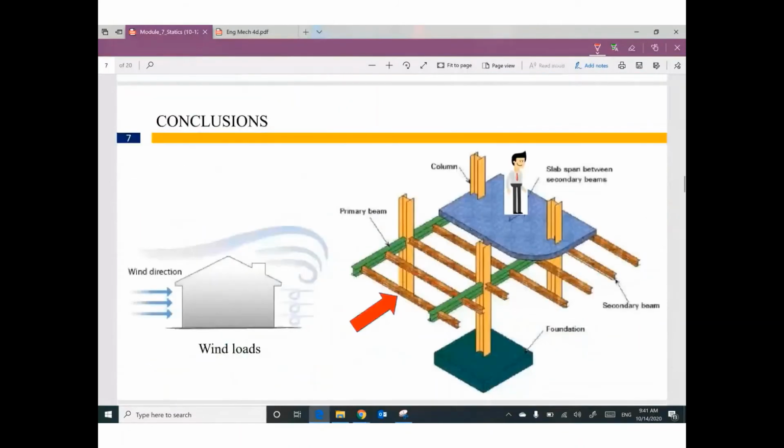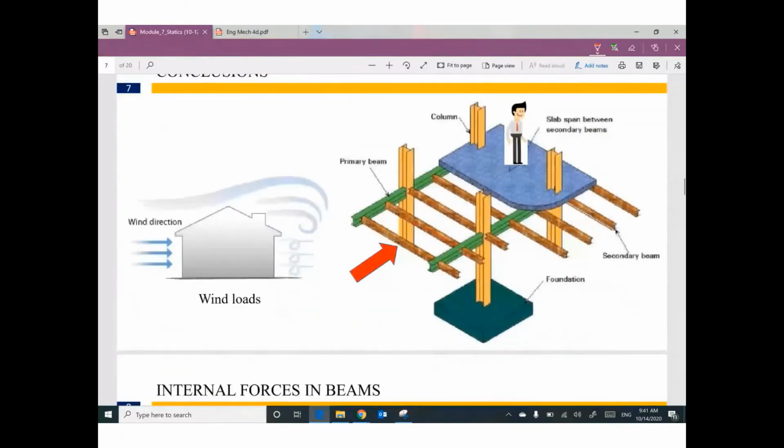Let's try. You are sitting at this location right now. So you are applying a vertical downward force. I have a question. Your force will cause axial force in which member? Which member?